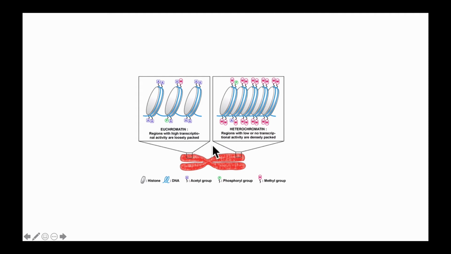So again, this is another difference between euchromatin and heterochromatin, and also what some of the properties are for these histones, in terms of the groups that they have, acetyl groups, phosphoryl groups, and methyl groups, and the role that they play in remodeling for the histones as well.